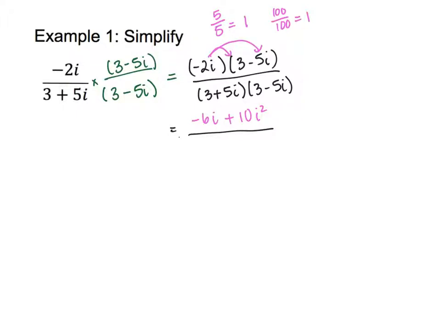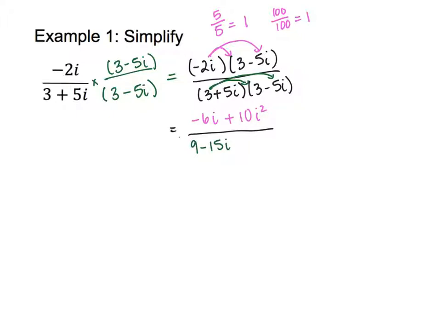The bottom here, I actually have to FOIL out. Now, if you notice that the middle terms cancel out right at the get-go, then you can go ahead and just write it out where the middle terms cancel. But I'm going to do it fully out just because we're still practicing. So 3 times 3 gives me 9. 3 times negative 5i is negative 15i.